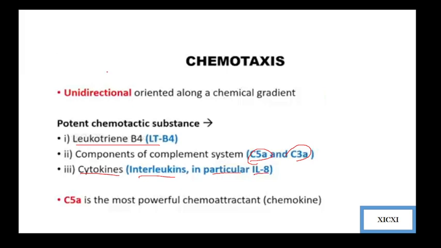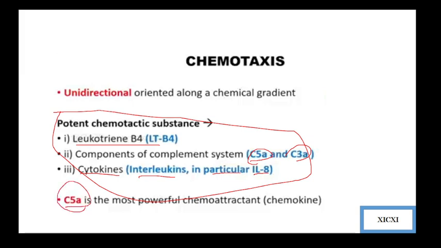All of those molecules help us in chemotaxis. This one is complement 5a. It is the most powerful chemoattractant, or chemokine, which orients phagocytes to where there is a pathogen. So I hope in acute inflammation you are aware of all of the vascular events and also the cellular events to fight against the pathogen.